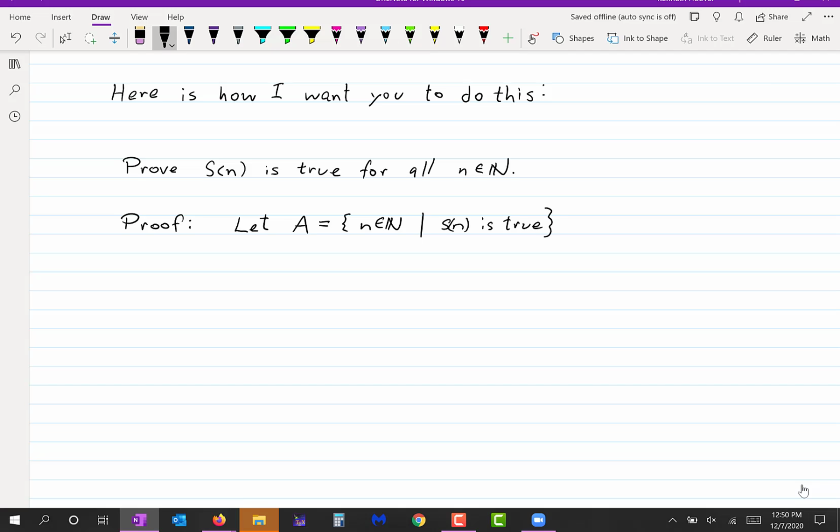Okay? And then I want you to show that 1 is an element of the set A. Of course, you don't have to call it A. That's fine. Call it anything you want, okay? Except capital S, because we're using that for the statement. So I want you to show that 1 is in that set. That's your base case. Okay?